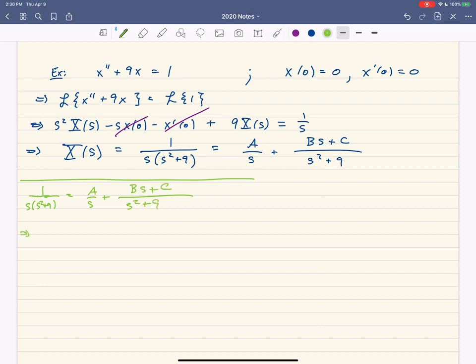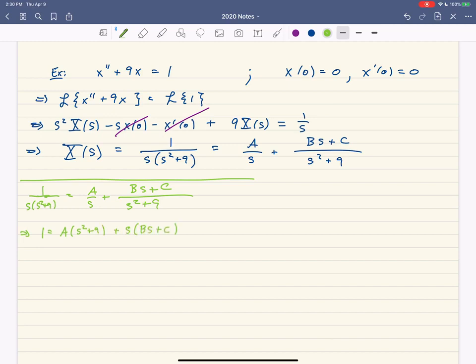We're going to start by multiplying both sides by the denominator on the bottom left. What we end up with is 1 is equal to A times the quantity s squared plus 9 plus s times Bs plus C.